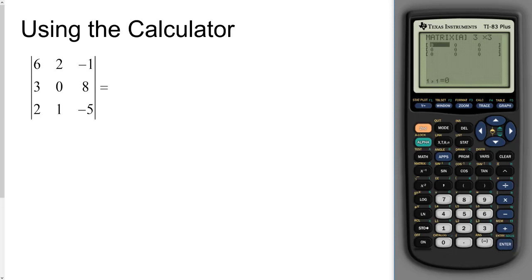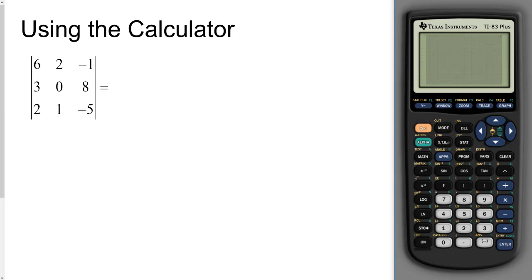And I just start entering the values. So 6, 2, -1, 3, 0, 8, 2, 1, and -5. So those values are in.